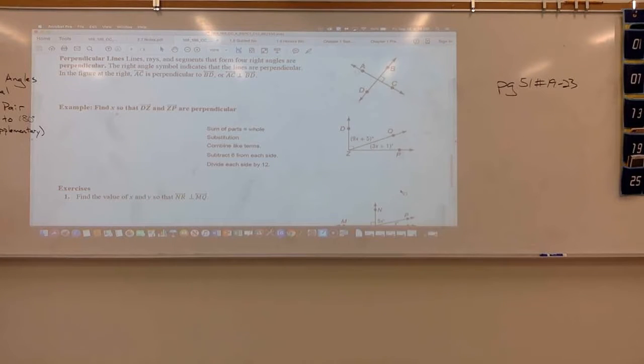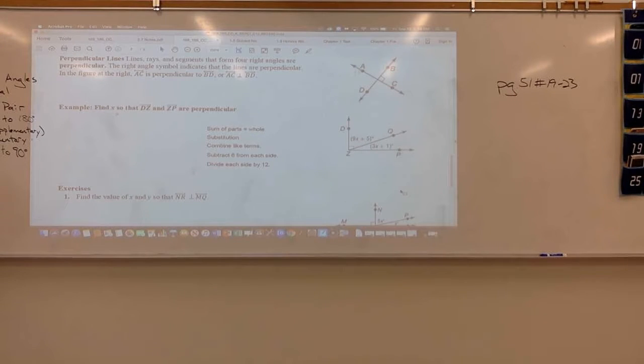They don't have to be right next to each other. A linear pair is just a specific example of supplementary angles. And then the other one we talked about was complementary. What are complementary angles? Add to 90.